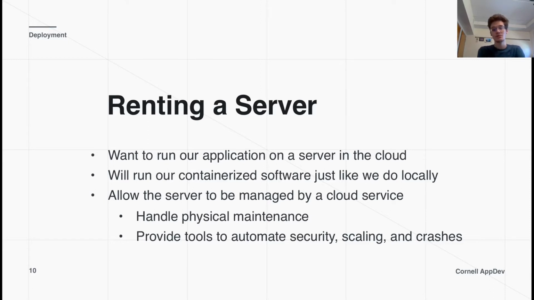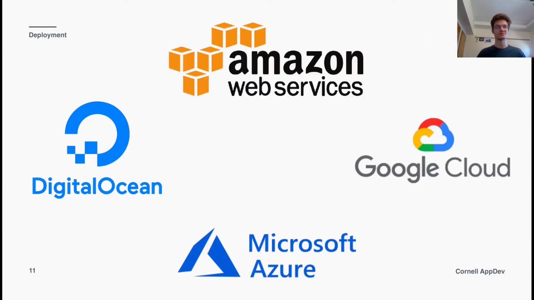It will also provide lots of cool tools to do things that would be a lot of work for us to do ourselves. Things like security, scaling, and crash management are in large part solved problems, and we can use services that already solve them instead of solving them ourselves.